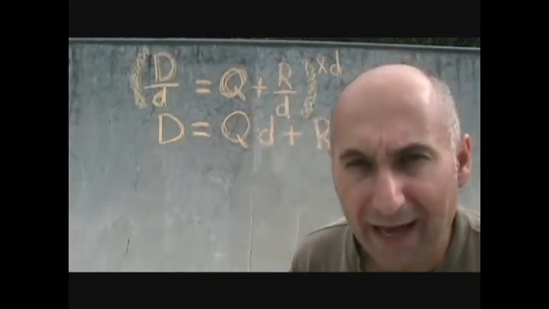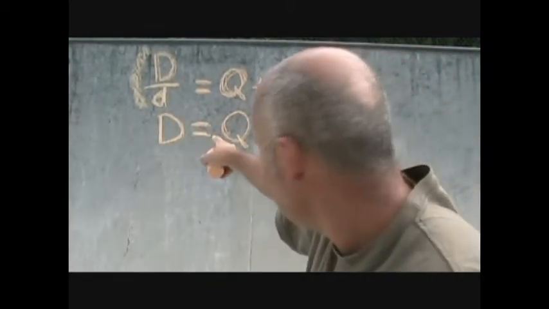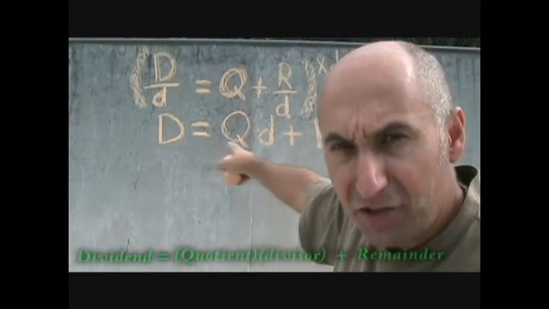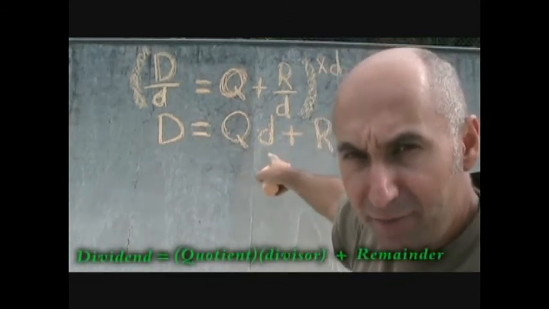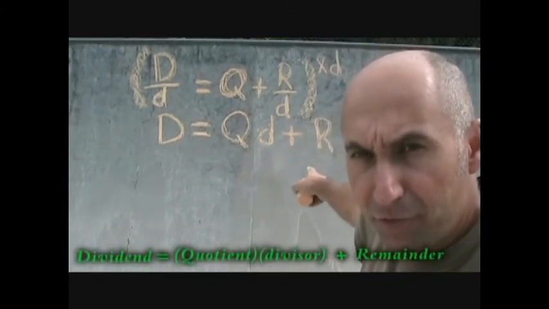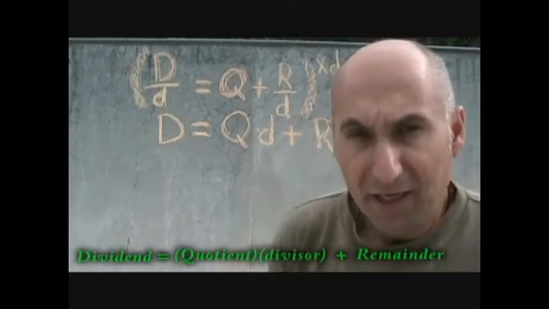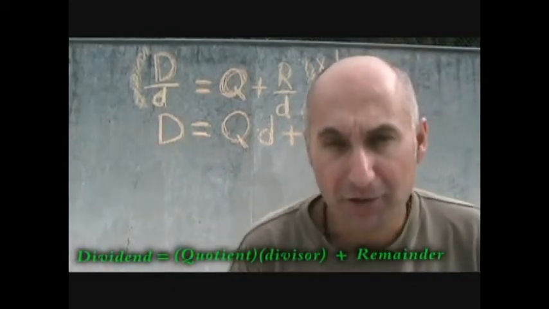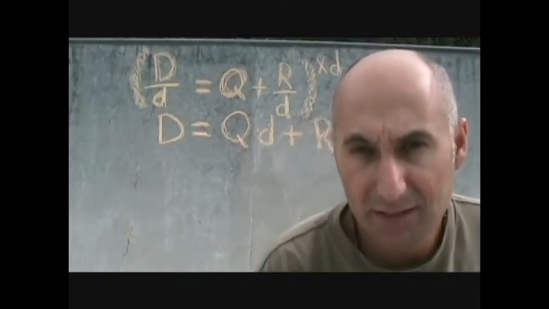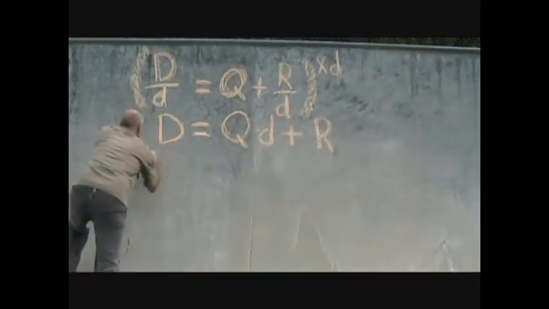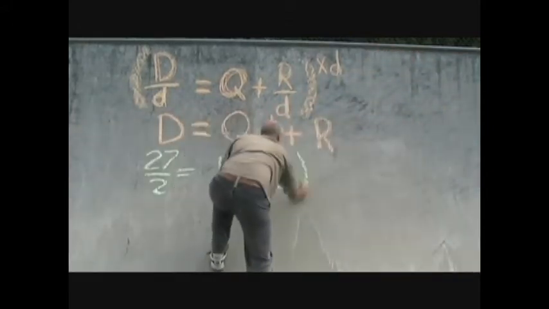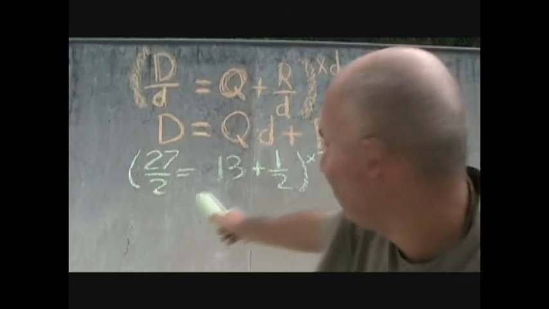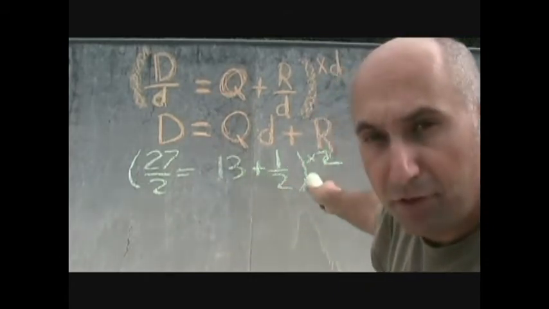Okay, so what we're going to have is D, your dividend, is going to be equal to your quotient times your divisor plus your remainder. So basically, if we went back to our fraction, 27 divided by 2, this is the way we would write it. So we had 27 over 2 is equal to 13 plus a half.